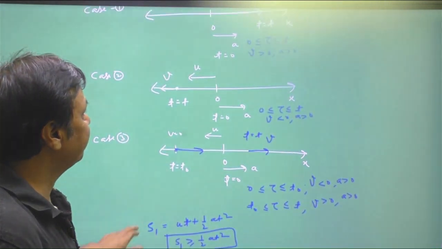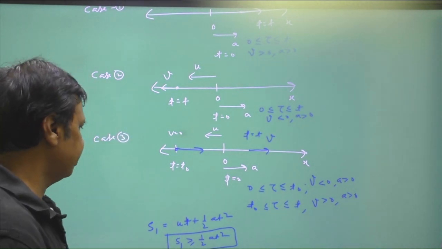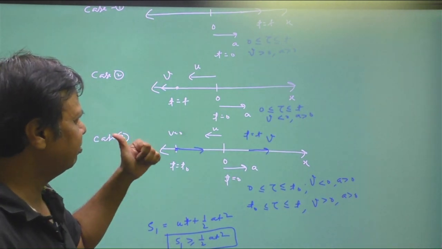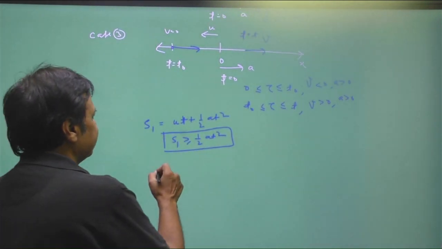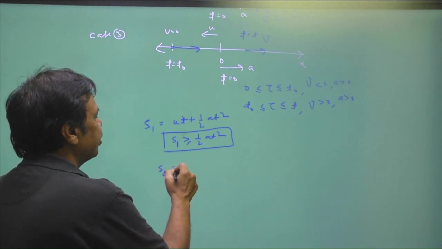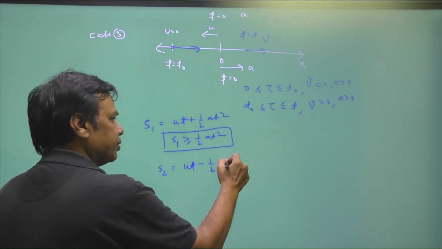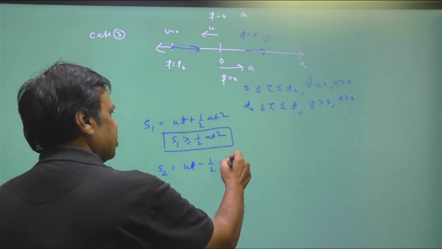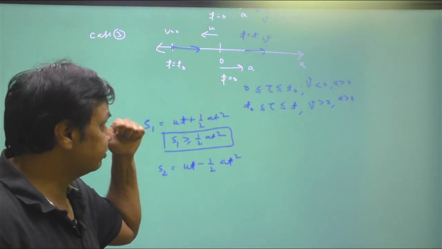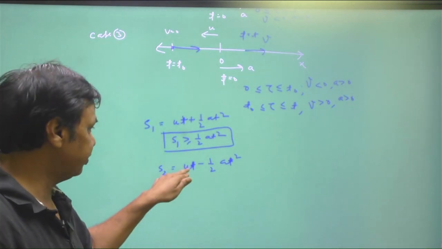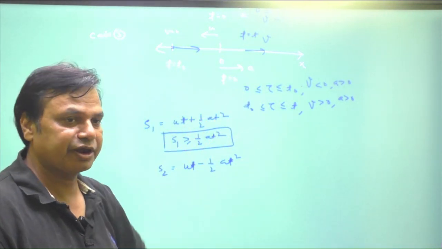Now if you consider the second case, distance traveled is in this direction, so nothing is going to change, but just write S2 equals the equation you would like to write here, ut minus half at square. Because this displacement is in this direction, u is in this direction, so if u and displacement S2 are both taken positive, then a must have been taken as negative.